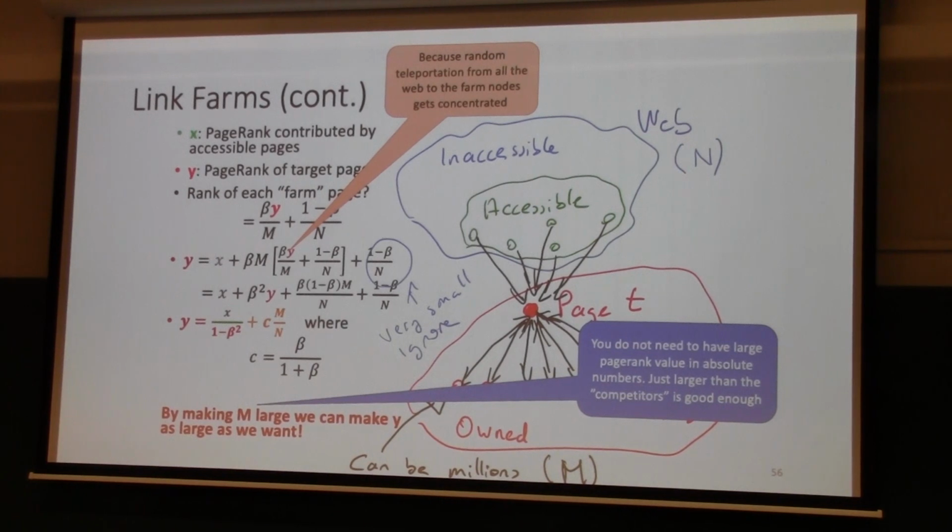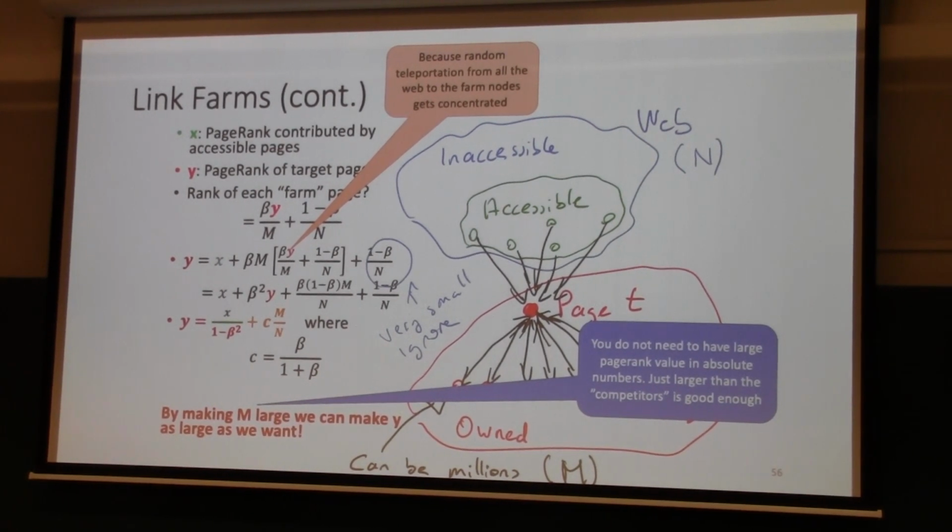The algorithm they use now is a secret. Nobody knows what it is. Does it fix the problem? I don't know. What do you think? Are there still people doing search engine optimization? Yes. They still do it? Yeah.